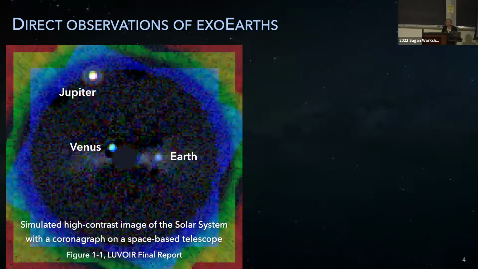So we basically went all through it and judged that the coronagraphy path, while difficult, was less technologically challenging than interferometry. And also, we do in fact want these wavelengths.